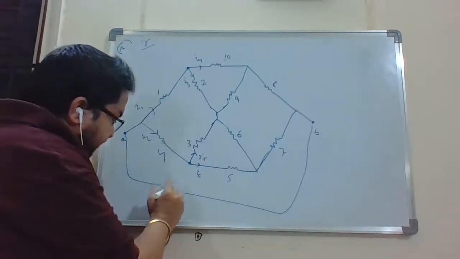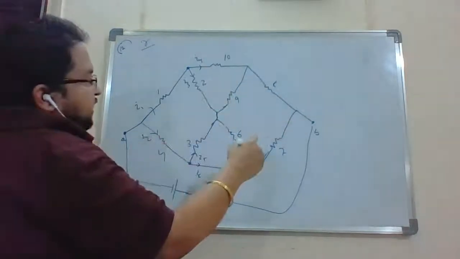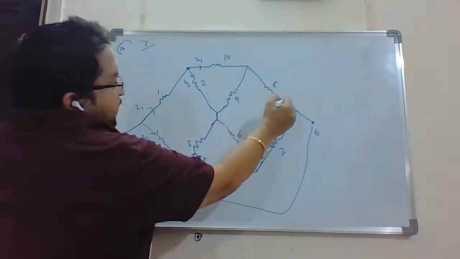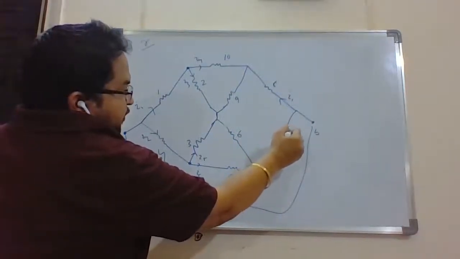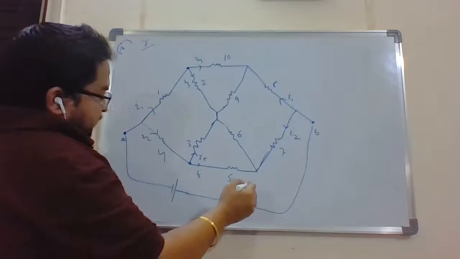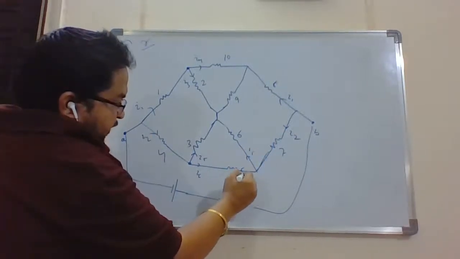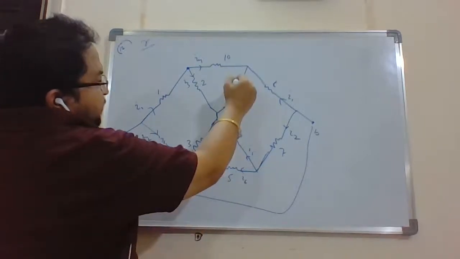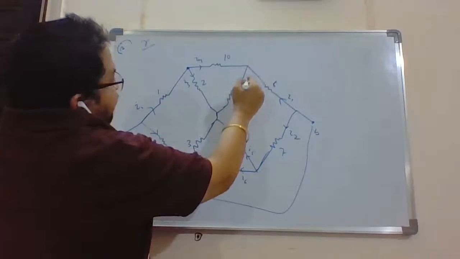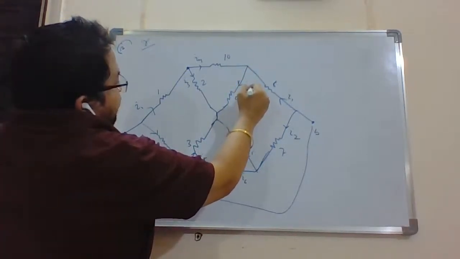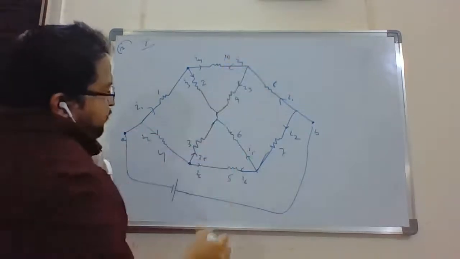Now if I reverse the cell from the other side, it will be I1 from here, I2 from here, similarly I5 from here, I6 from here. I1 is coming, so I2, I3 is coming from this side, I4 is coming from this side.